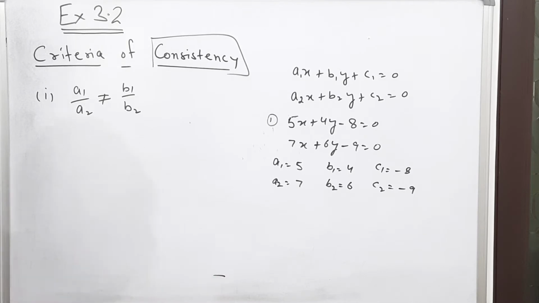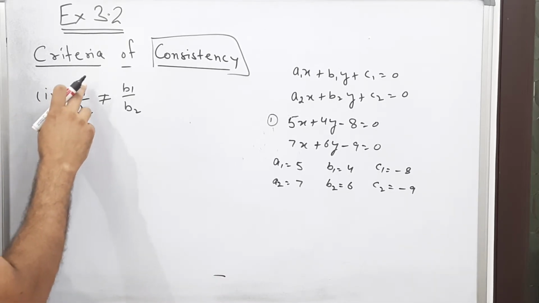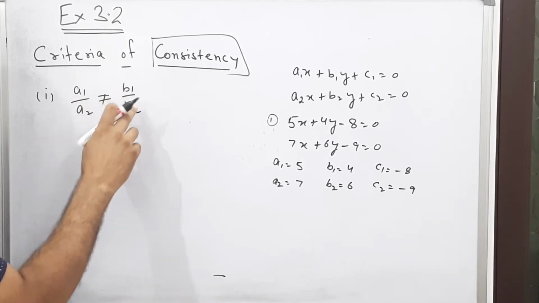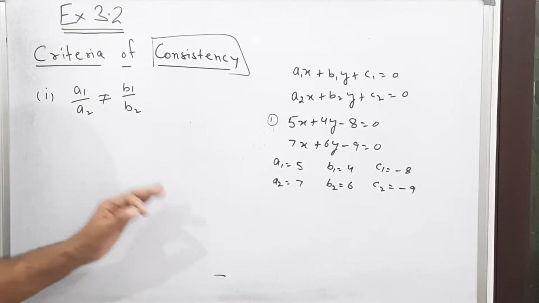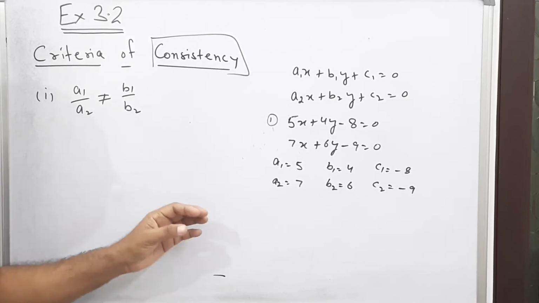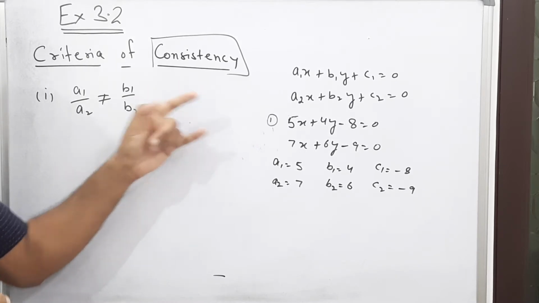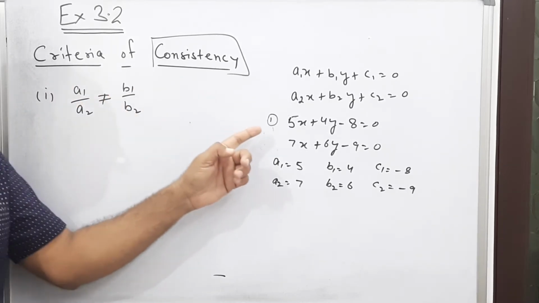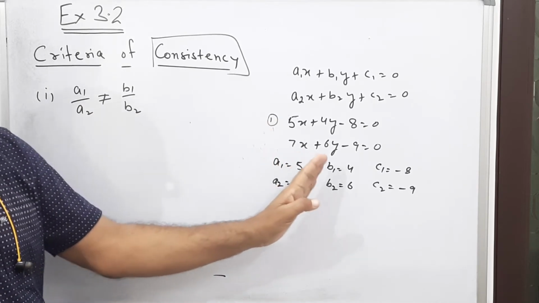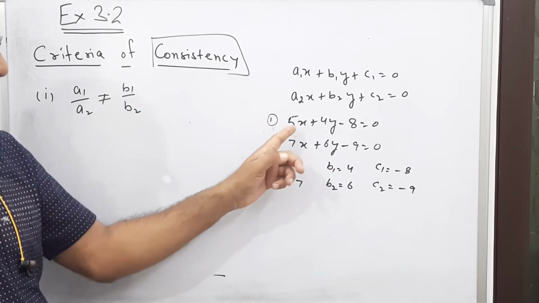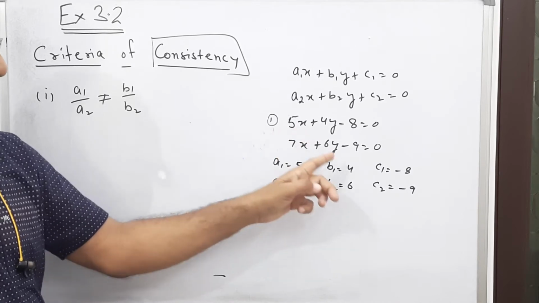The criteria is if a1 upon a2 is equal to b1 upon b2. If a pair of linear equations is given, I hope you can find a1, b1, c1. What is a1? The coefficient of x. What is b1?